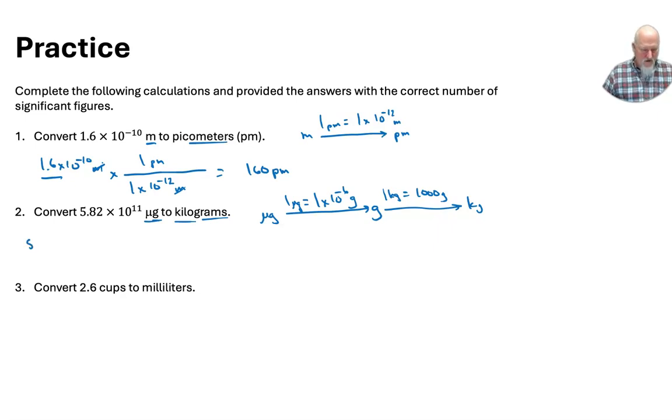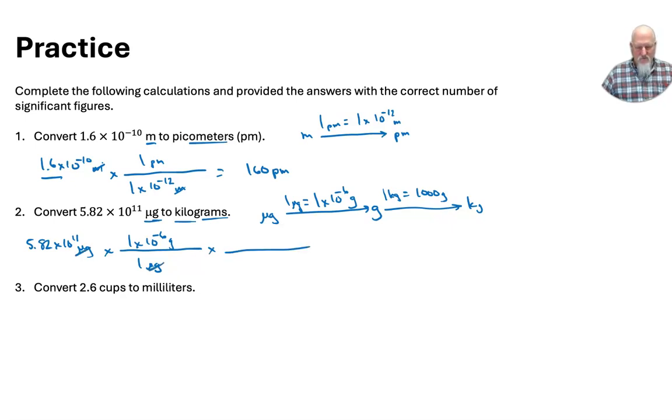Starting with what we have, 5.82 times 10 to the 11th micrograms. Putting it in as fractions, you could do the train track, doesn't matter. 1 microgram is 1 times 10 to the negative 6 grams. Times, so the micrograms cancel.